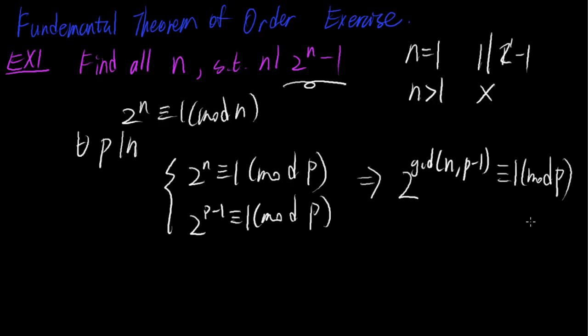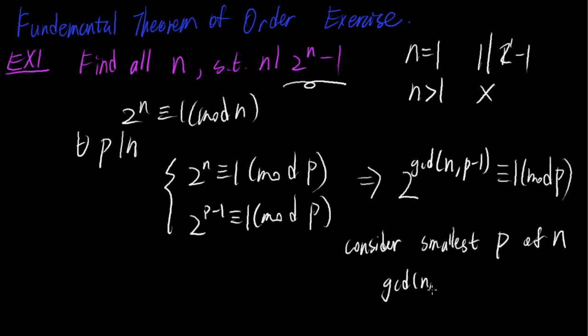If we can take a prime that makes this GCD equal to 1, that works very well. Indeed, if we consider the smallest prime divisor p of n, then the GCD of n and p minus 1 should be 1, right?